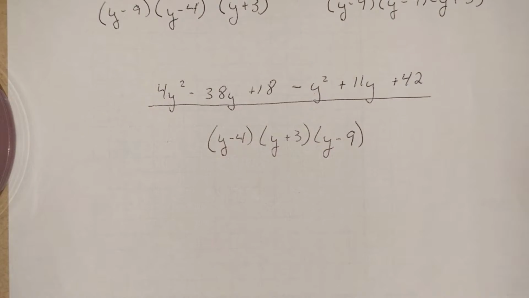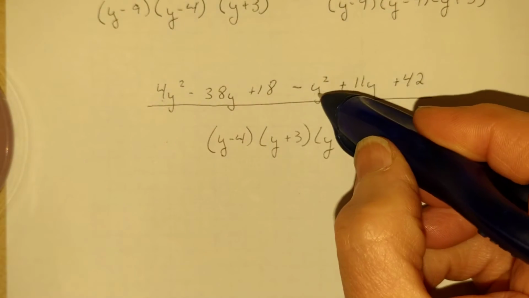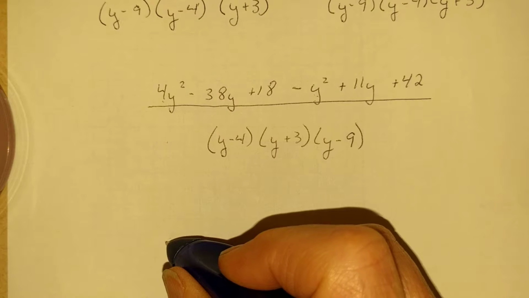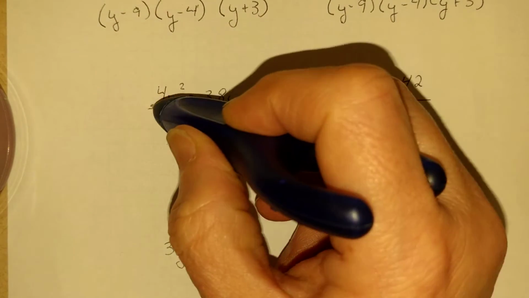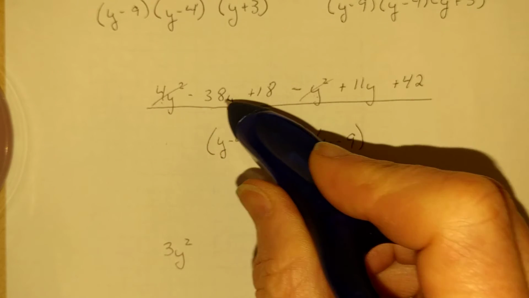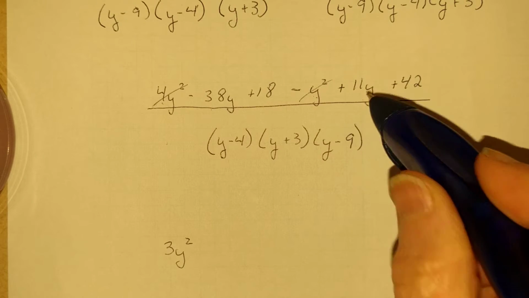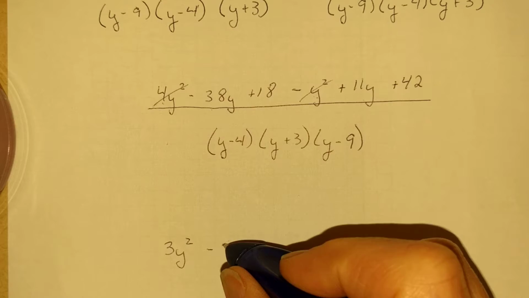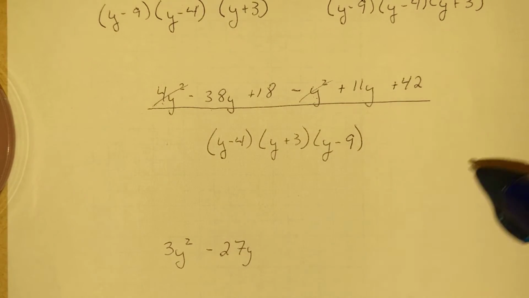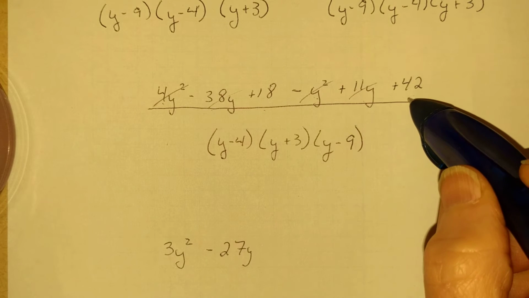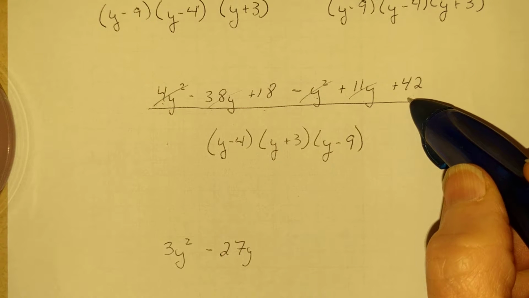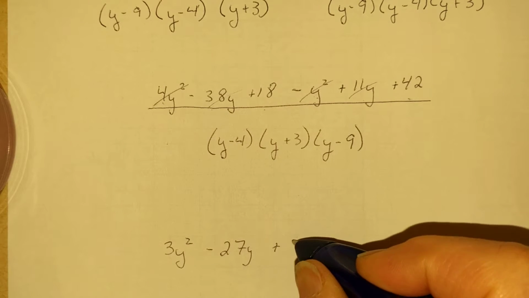So here I've got 4y squared minus y squared gives me 3y squared. Minus 38y plus 11y gives me minus 27y. Plus 18 plus 42 gives me plus 60.